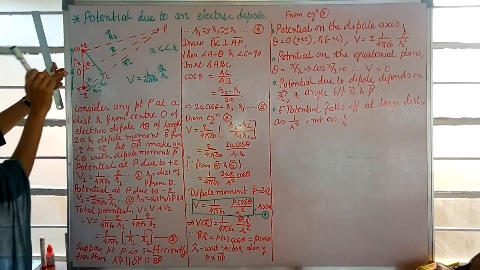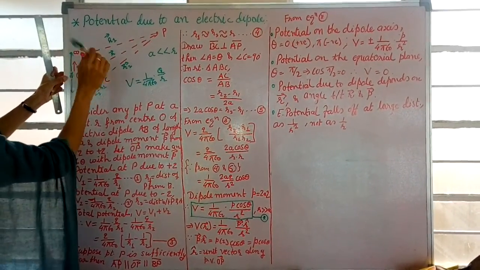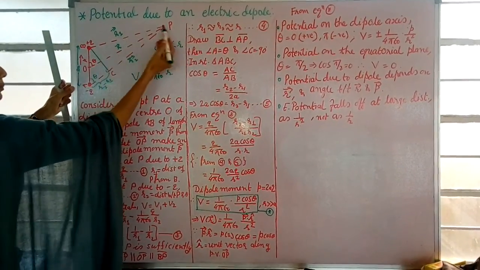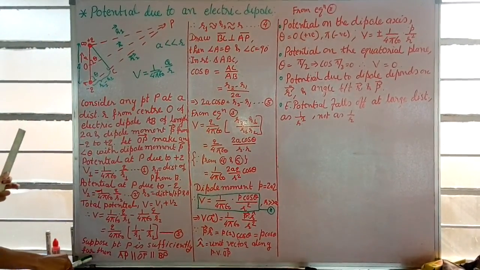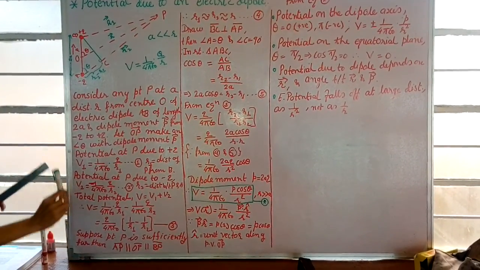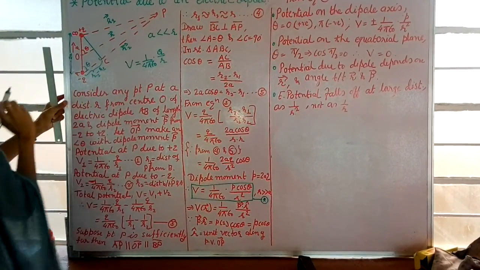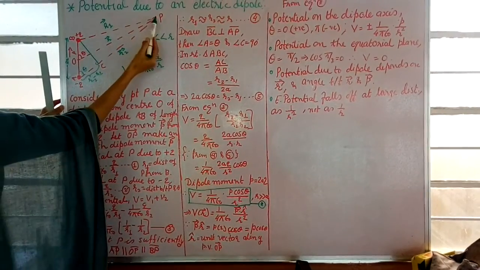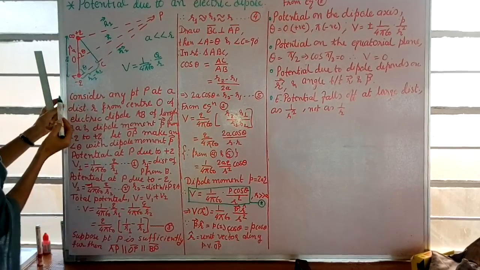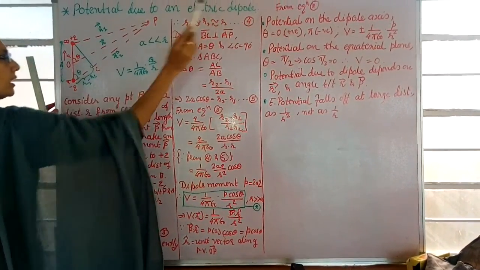Then AP, OP and BP are parallel, and r1 is nearly equal to r2, which is nearly equal to r. Call it number 4.